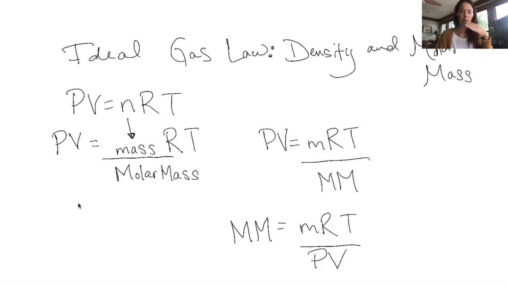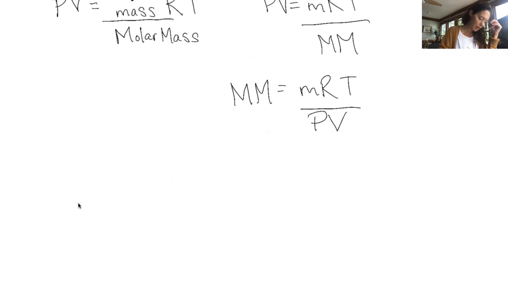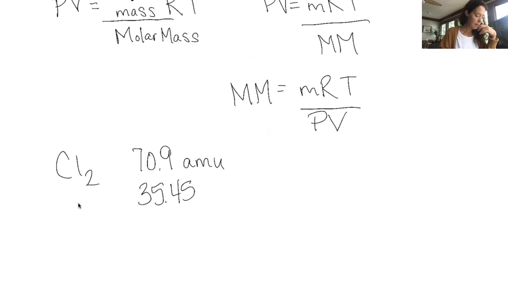Remember that a lot of those gases are diatomic. So for chlorine, the molar mass is 70.9, not 35.45. Okay, maybe you're thinking I should put a 0 there, and I should. All right, for hydrogen, the gas is 2.02 AMU or grams per mole, right?